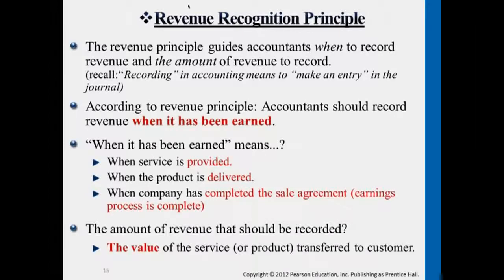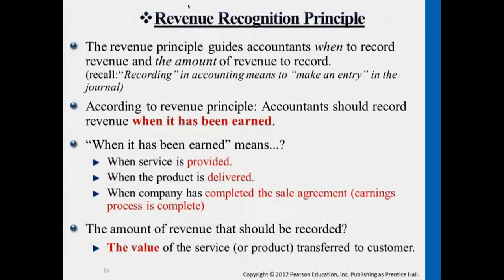Once the corporation's responsibility is done, that's the time when the revenue is recorded. So when revenue is earned, it means when service is provided or when the product is delivered to the customer, that date the transaction will be captured. This is when the company has completed the agreement that they discussed and signed with their clients and customers.